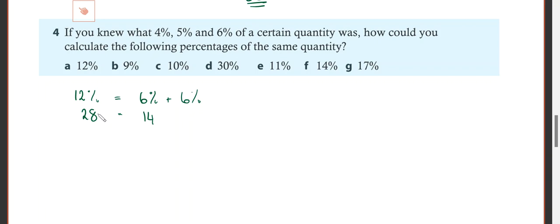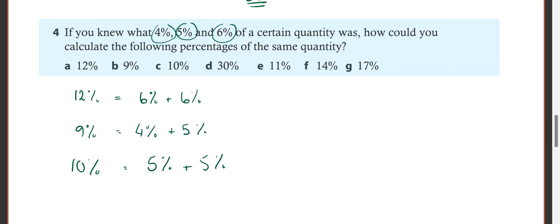Not 28%, because it's different, yeah? But that's only if 6% is 14, but it could be anything. This question says it doesn't matter what the amount is. How do you feel about that? Bit better now? Okay? Can you do the rest?